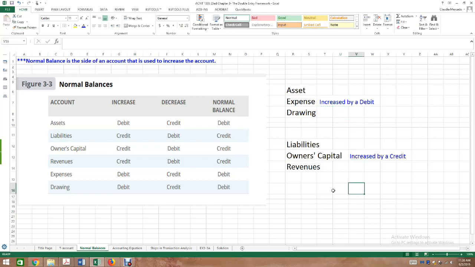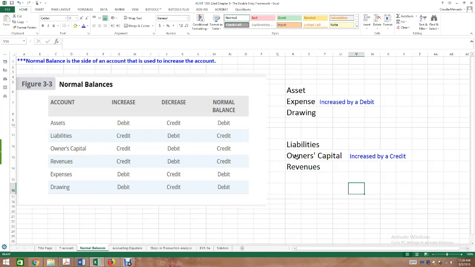Let's say, for example, I purchased something on account. I owe more money. I bought something and I promised to pay in a year. I have a higher liability, or my liabilities increase. When your liabilities increase, you're going to credit the account.